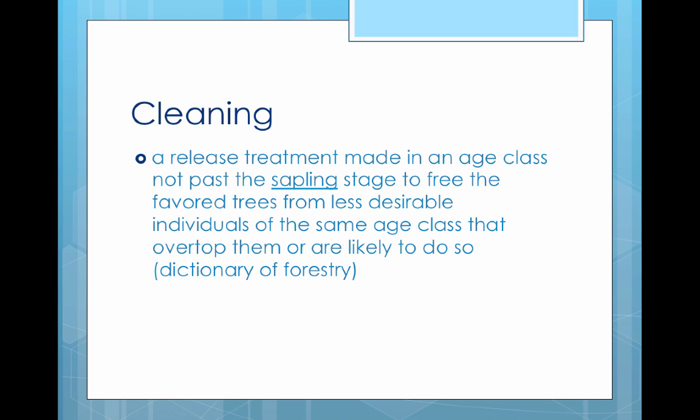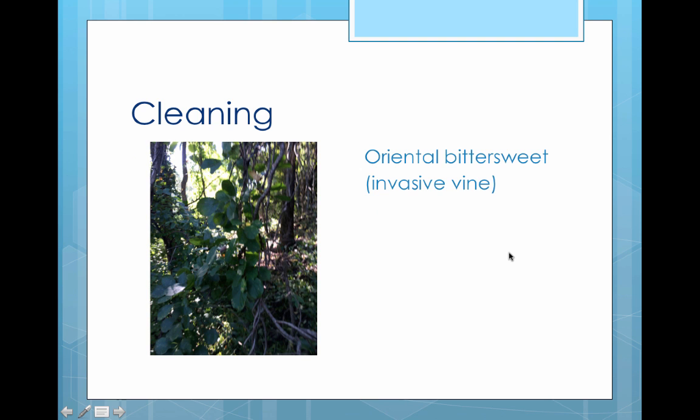Cleaning is a different type of release treatment, and it's made in an age class, again, not past the sapling stage. Release treatments are in young stands, young cohorts, to free favored trees from less desirable individuals of the same age class that overtop them or are likely to do so. So removing trees from the same age class.